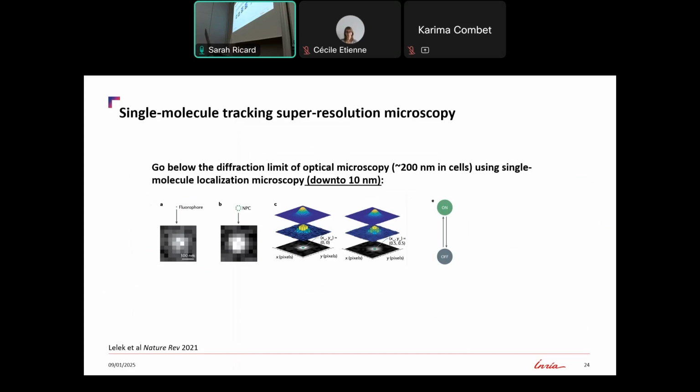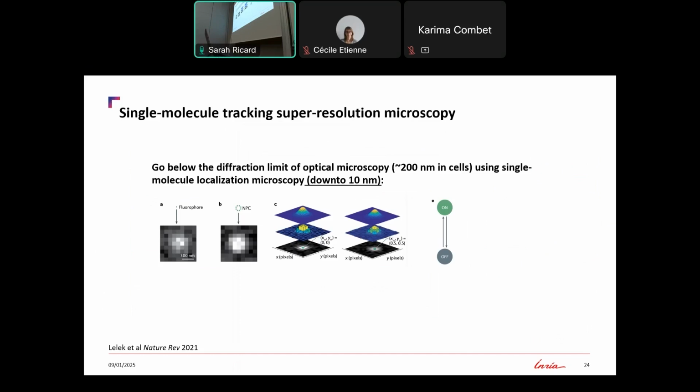And how they did that, they found fluorescence dyes that switch between on and off in terms of fluorescence stochastically. That means that if you attach your fluorescence dye to the protein that you want to look at, then sometimes some of the proteins will go up, you will have a fluorescence signal, and then down. But because it's stochastic, it's very unlikely that two neighbors will go up together.